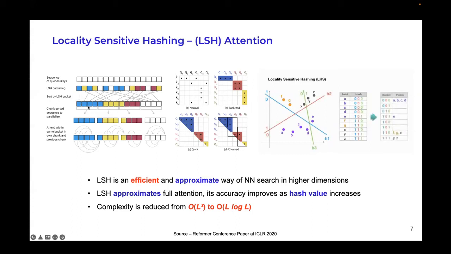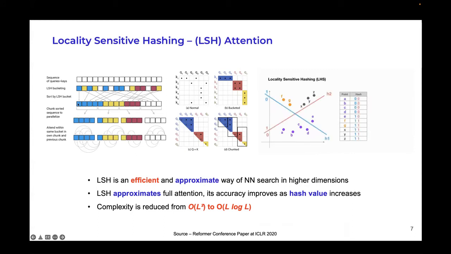Once the bucketing is done, sometimes it might happen that the buckets are skewed. Some buckets might include many data points, and some other buckets might include only a few. So, to be independent of the number of data points in a particular bucket, we fix a chunk size and divide the sequence based on the chunk size.